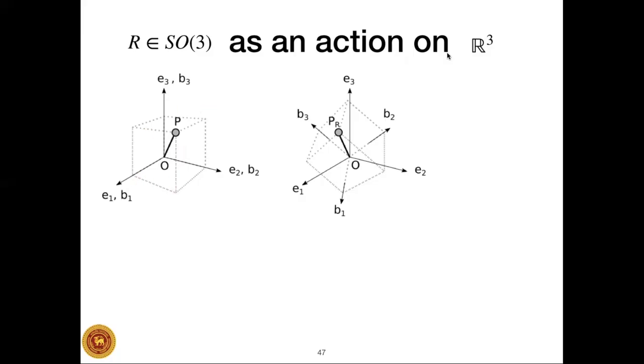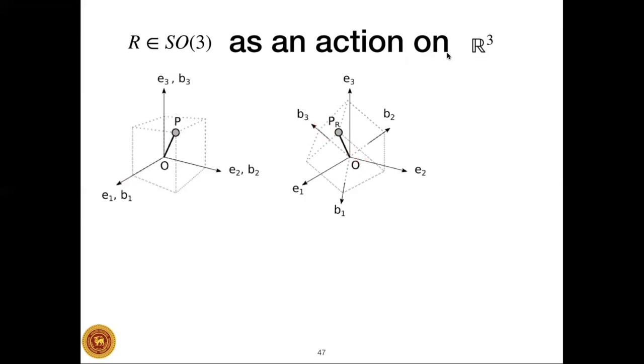Now let's think of rotating the box while keeping this vertex fixed. We leave that vertex of the box fixed and rotate it, and let's look at what happens to this point. Now this point will be at a new position with respect to the E frame. But if you look at it from the B frame, it is at the same position.